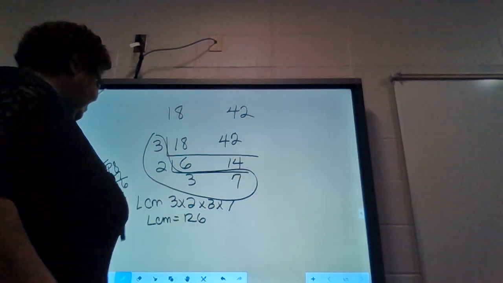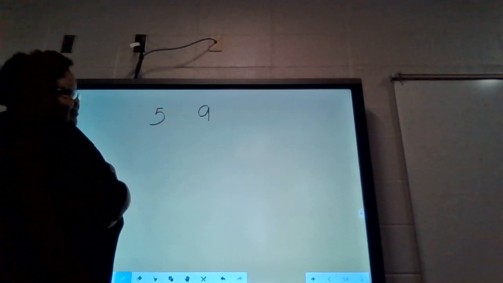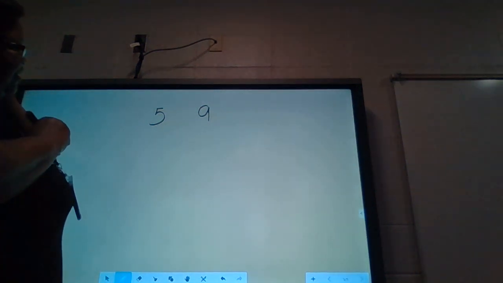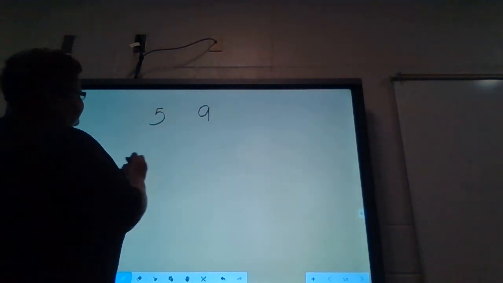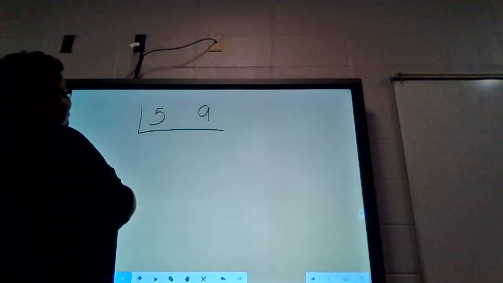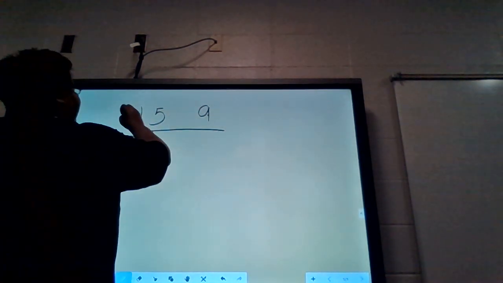Let's do another one, a little bit simpler. 5 and 9. And let's do our birthday cake method. Nothing goes into 5 and 9, but 3 goes into 9.